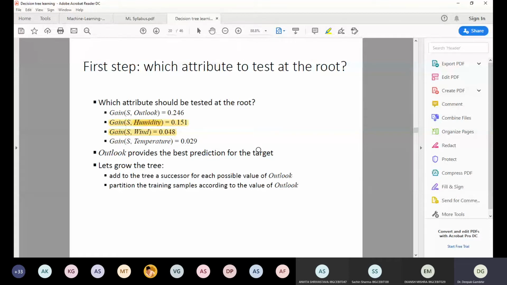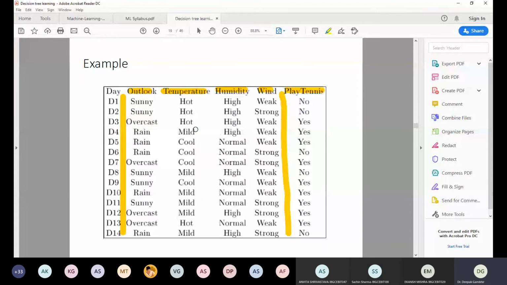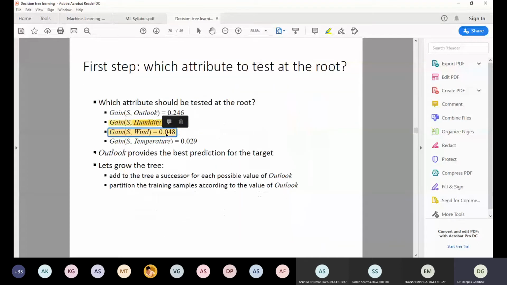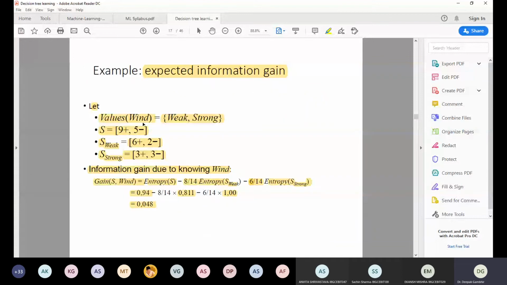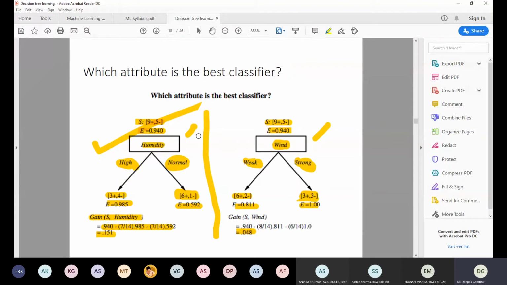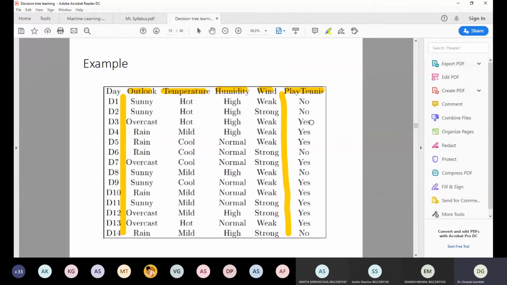For example, in the case of wind, we have taken there are a total of 14 cases, 9 positive and 5 negative. If you see, this is 1, 2, 3, 4, 5, 6, 7, 8, 9.